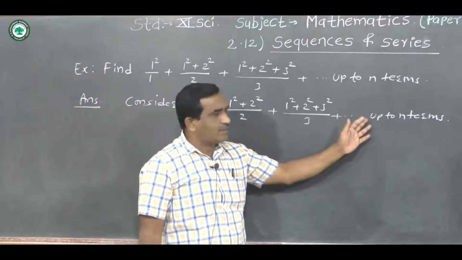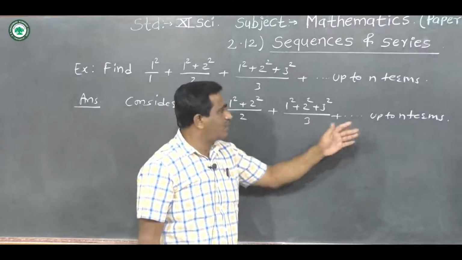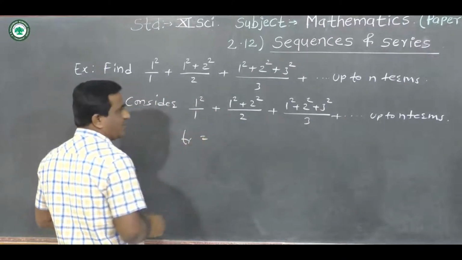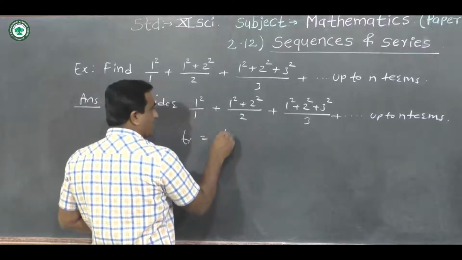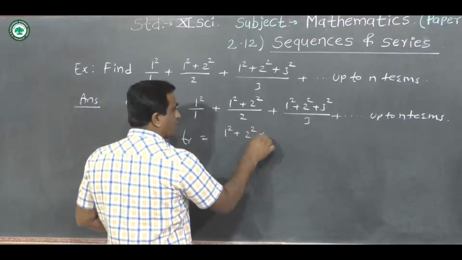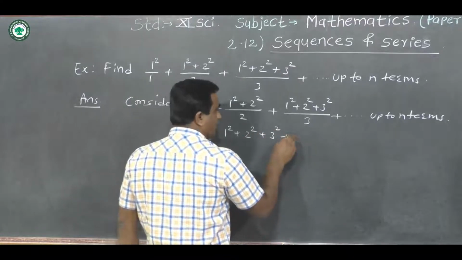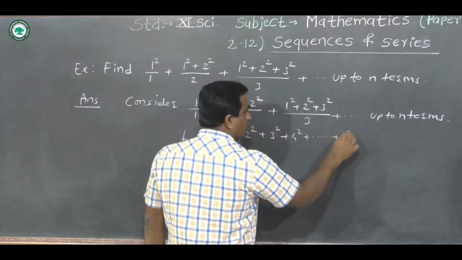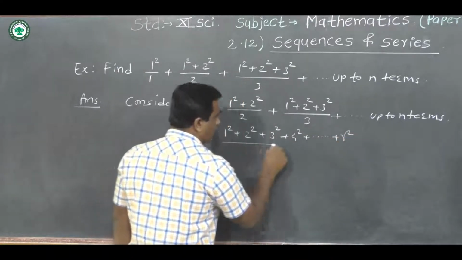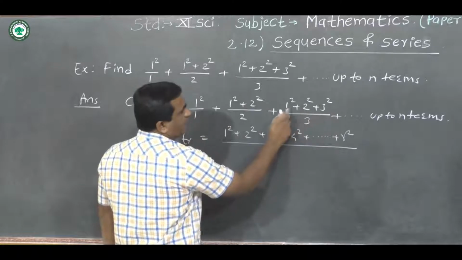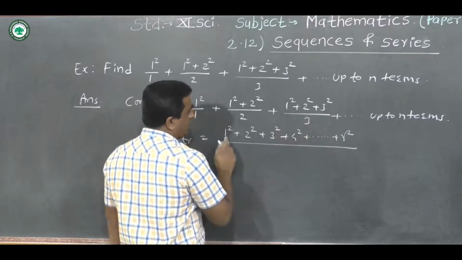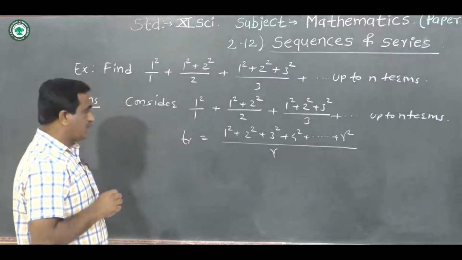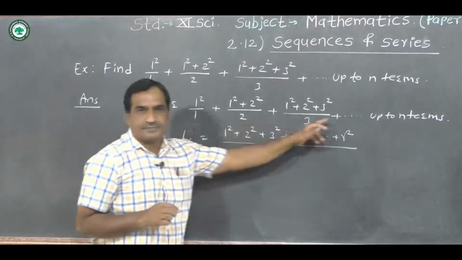We can write the rth term for this sum or series, which is T_r. T_r is equal to 1 square plus 2 square plus 3 square plus 4 square plus so on plus r square upon r. Here there are 3 terms, 1, 2, 3 upon 3. Here also r terms, therefore we write upon r. Okay, this is the rth term of this sum.